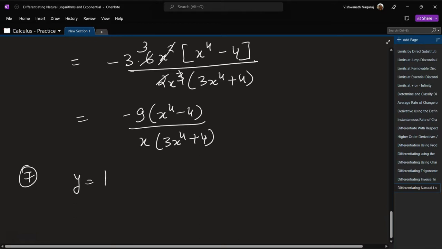y is equal to natural log of x square by 4x cube plus 3 square.